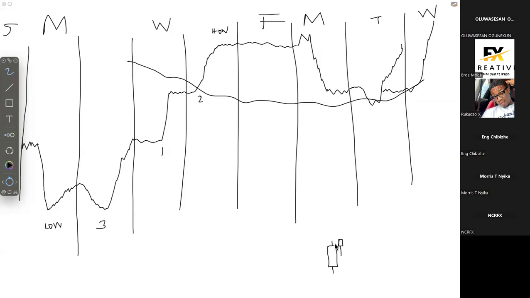So now what it then means is that this part right here is this part right here. So you've got your market open, which is that part there, and then you've got the market pushing down, which is this there.